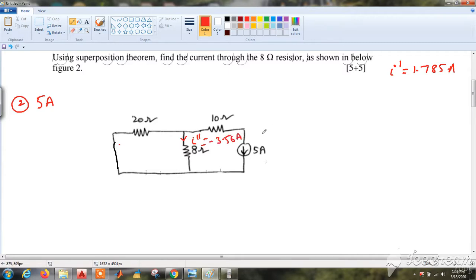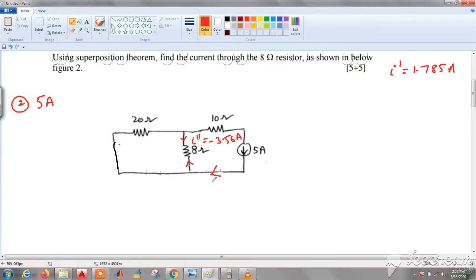Now you must have a doubt about why we are getting this negative current. We are getting negative current because the current source is flowing in this direction. If we had considered the upward direction, we would have got the positive result, that is plus 3.56 amperes.